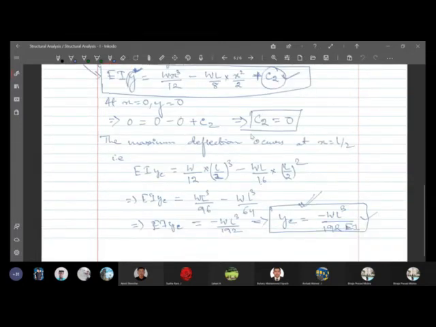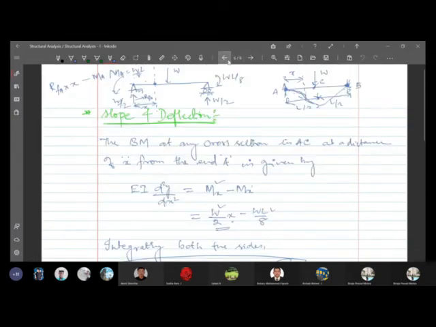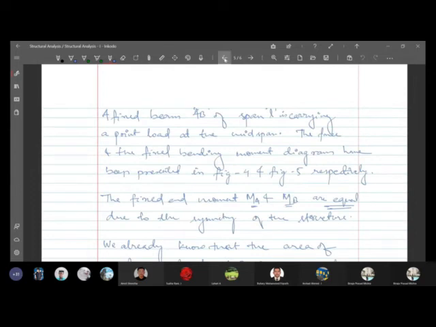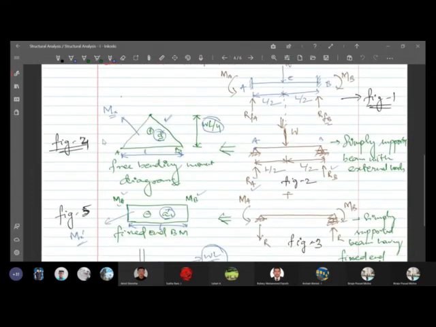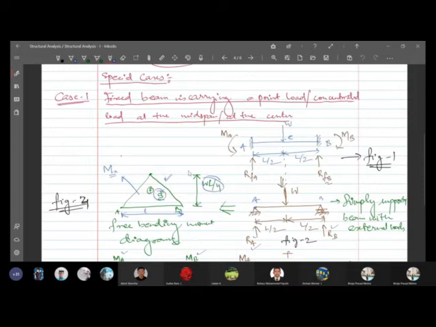Okay, now we will go to another case. Let us say that is case 2. In this special case 1, we have the concentrated load at the center.